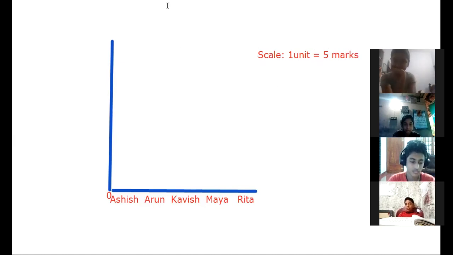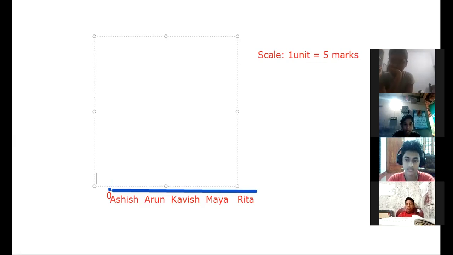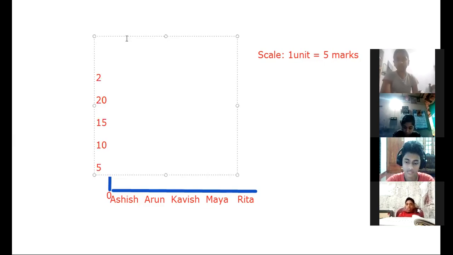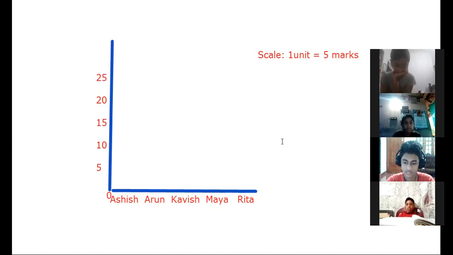This is our scale here. So according to the scale, we have to represent our data on our vertical axis. So we have to represent it like 5, 10, 15, 20, 25, and so on. So first of all, we have to look at the quarterly examination.